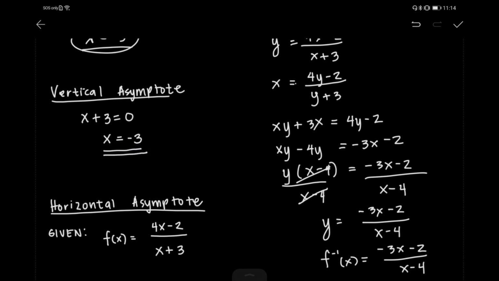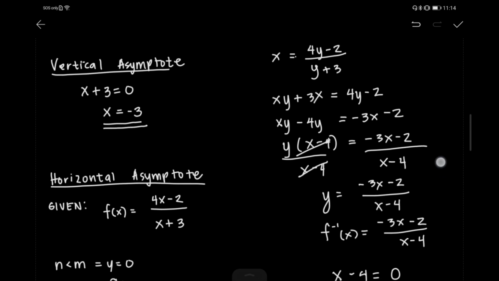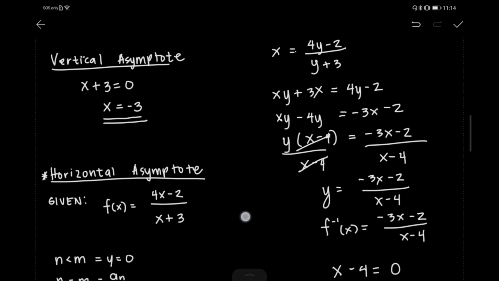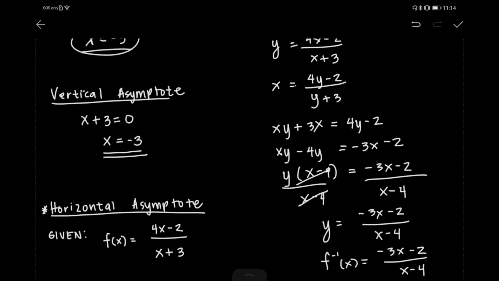Okay? The next naman natin, we have to find naman yung ating horizontal asymptote. Para mahanap natin yung ating horizontal asymptote, titingnan lang muna natin mula doon sa ating given kung ano yung ating leading term. Ang leading term, ito yung may pinakamataas na exponent.